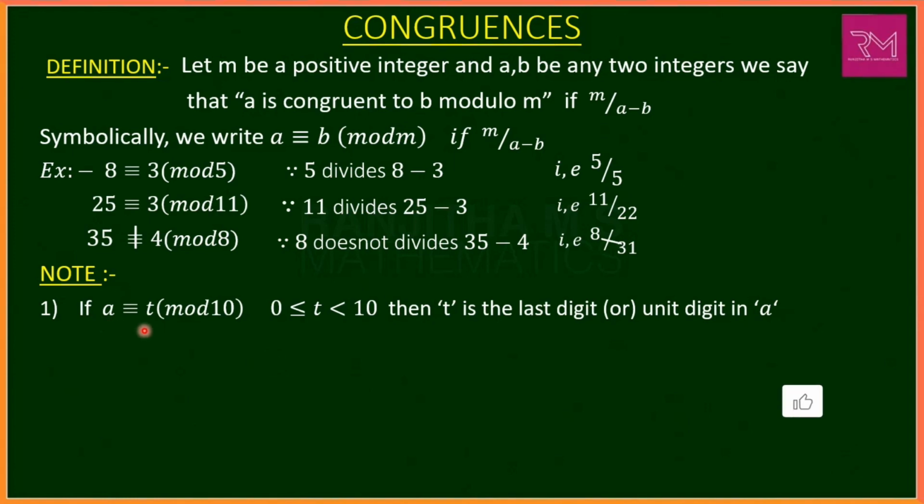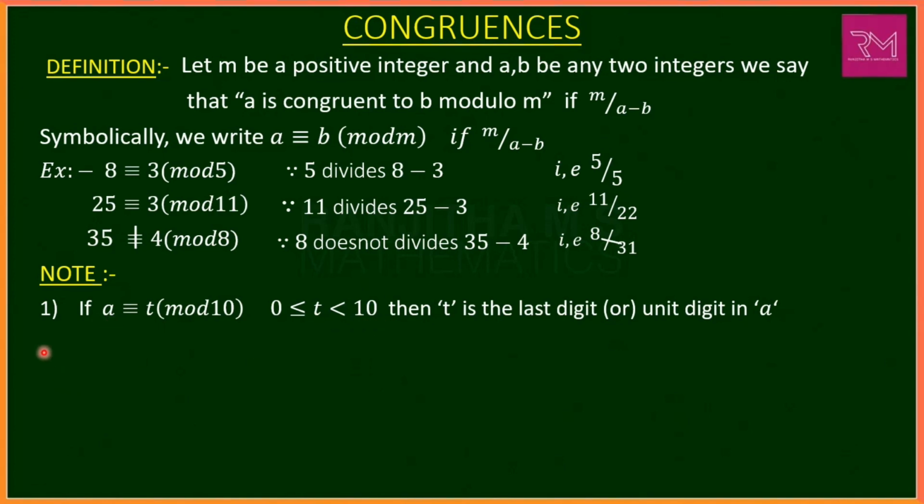For modulo 10, if A is congruent to t mod 10 with t greater than or equal to 0 and less than 10, then t is the last digit of A.